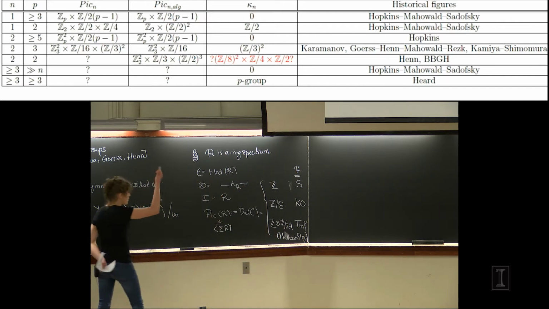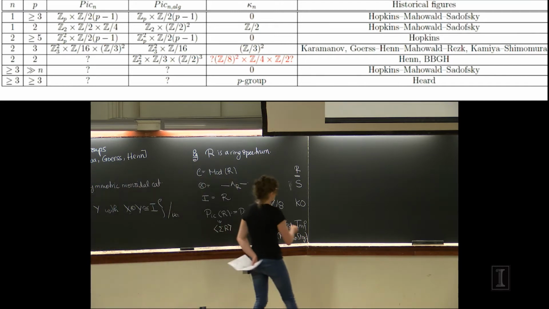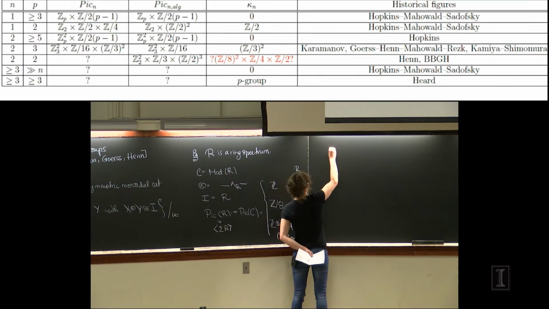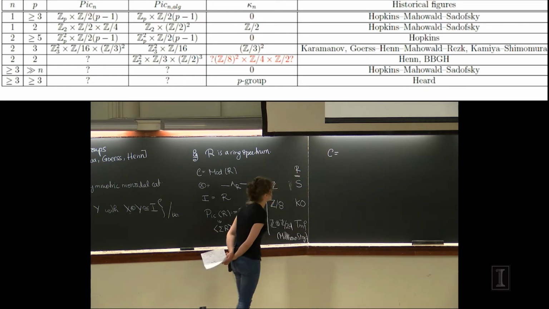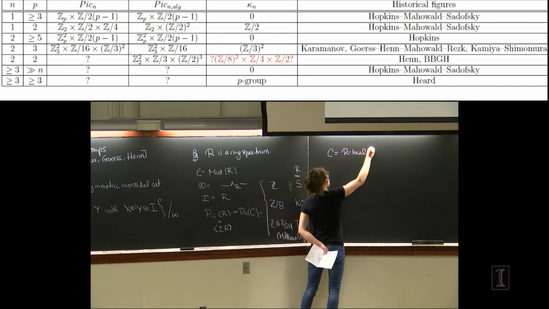OK, so this is the first. Picard groups of R module spectra is going to be one of the examples that's going to come up in my talk. In the same spirit, the other kind of example I want to be thinking of is where I take C to be the homotopy category of R local spectra.